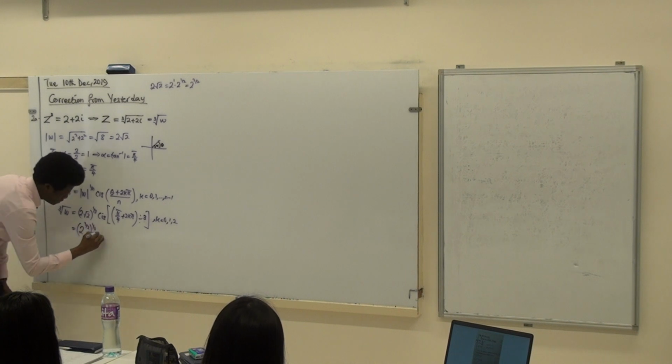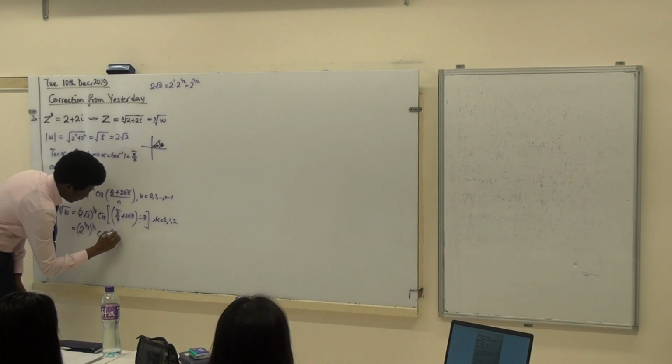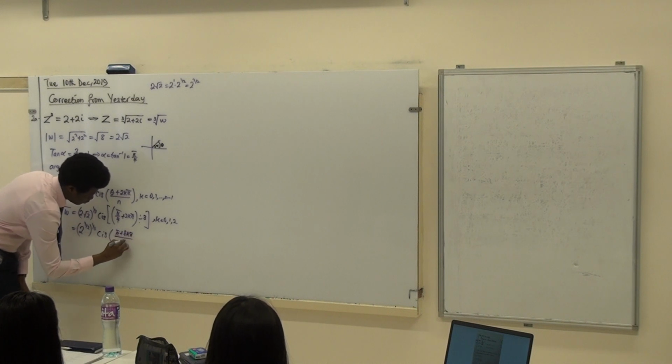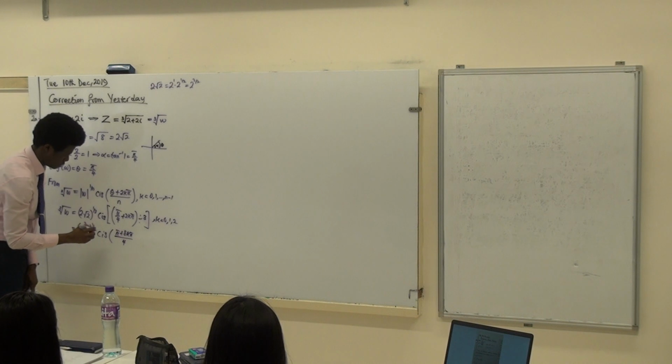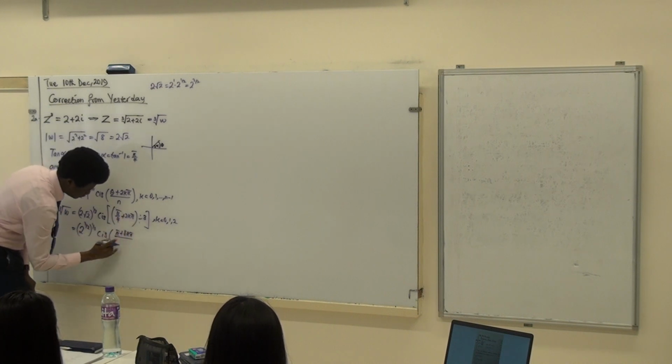For the cis, when you combine this, you get pi plus 8k pi divided by 4. Then this is times 1 over 3, so it should be divided by 12.